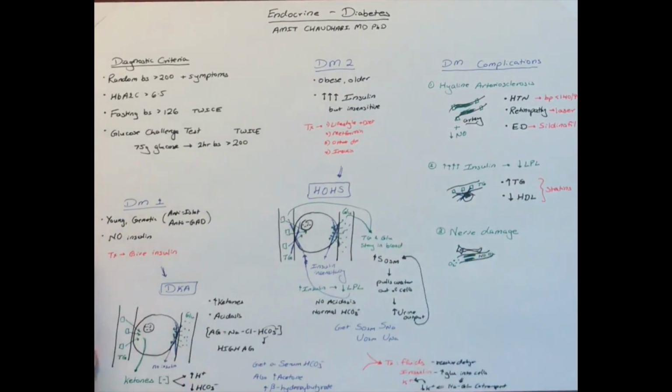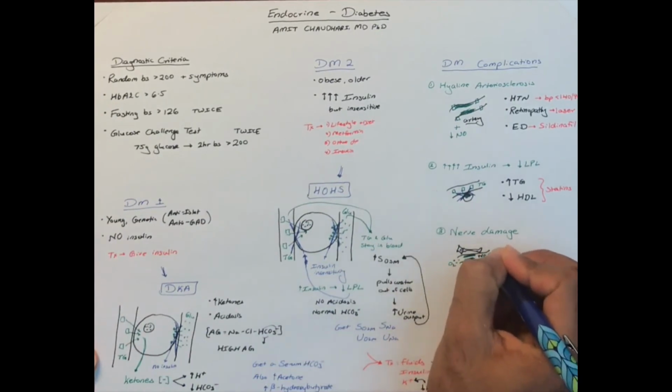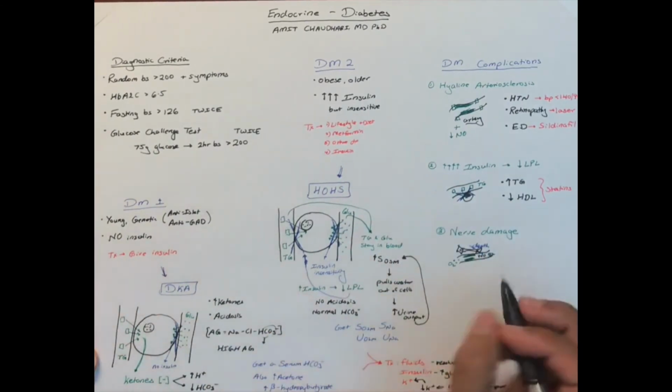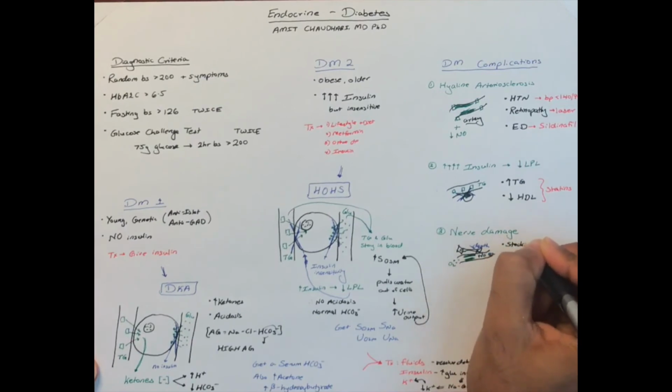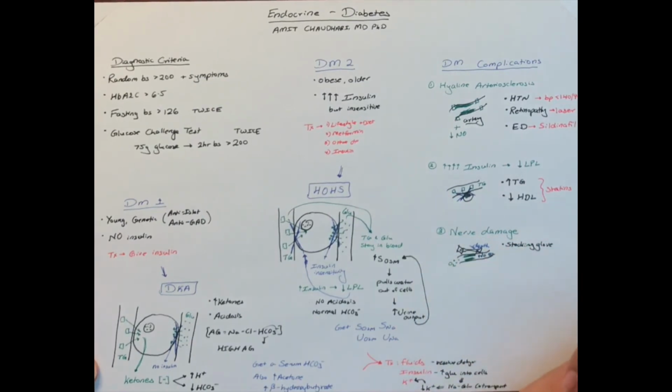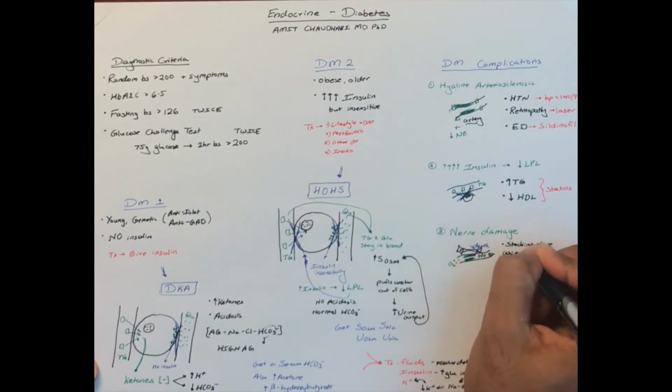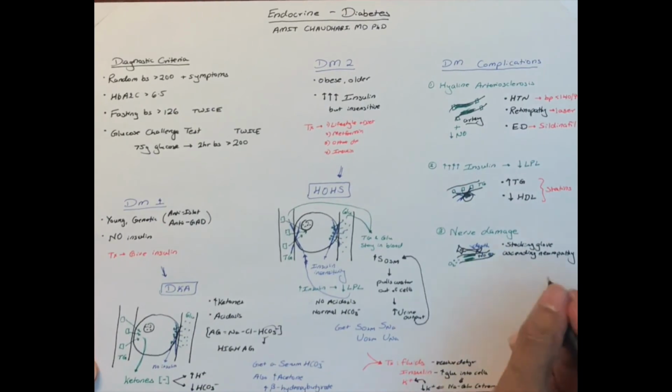And so the cell actually starts dying. And this causes the death of the cell, which is going to manifest as 1, a stocking glove pattern of neuropathy. So this is starting from your feet, and it's also sometimes called ascending neuropathy. Starts from the feet all the way up.